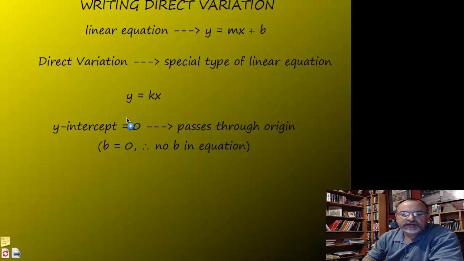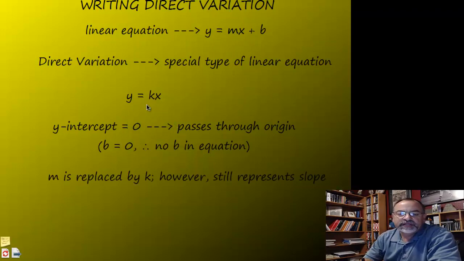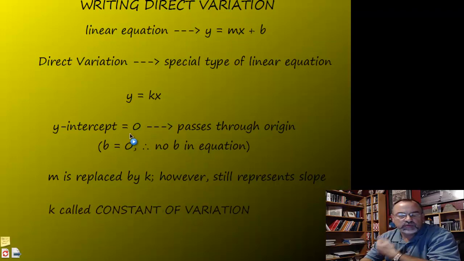Now, the direct variation equation that we're going to use is y equals kx, and all we've really done here is replace m with k, because we talk about this slope as being the constant of variation. To make it line up with what we're saying, constant of variation, we use the letter k, but in actuality it really is simply the slope, the rise over the run.